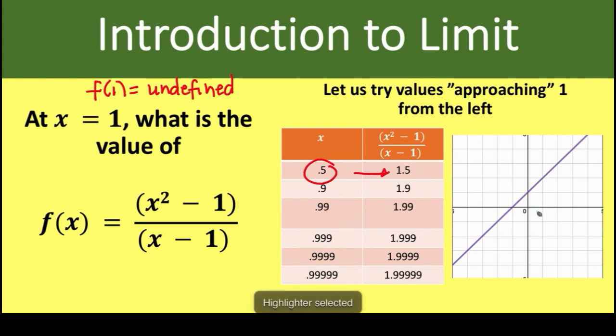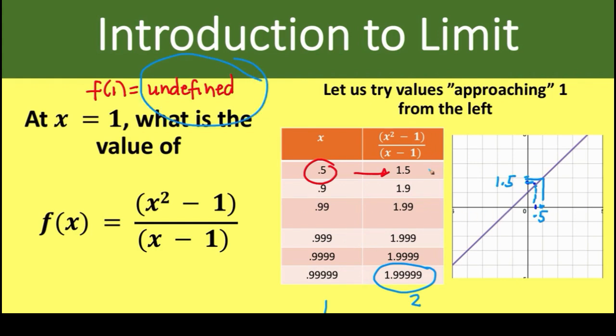Let's plot those points. At x equals 1/2, f of x is 1.5. At x equals 0.9, so you are now close to 1 at this point, then the y value is 1.9. So you now have these points. And as you go closer and closer to 1, then the y value becomes closer and closer to 2 also. But at exactly 1, the function is undefined.